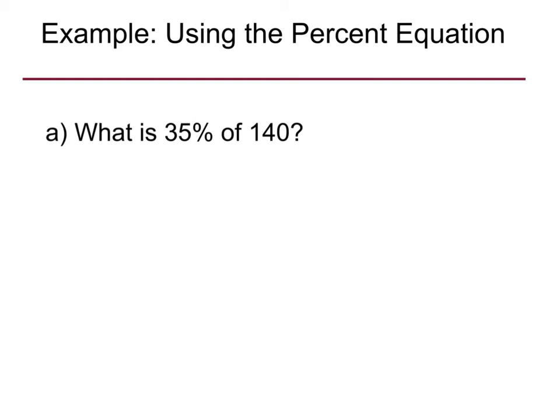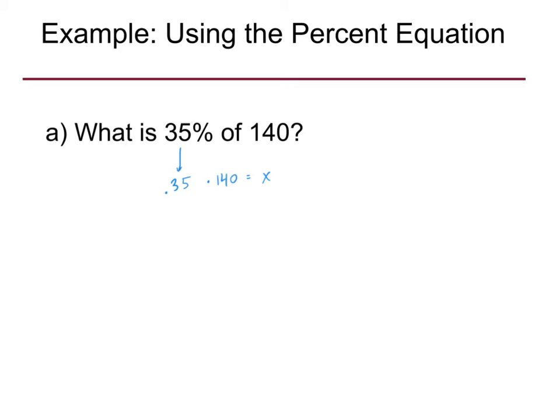So now we get a few examples where we're going to use that percent equation. In this first one, what is 35% of 140? And that right there with the wording, 35% of 140, that is the percent of the total, okay? So my percent, 0.35. When I write that down in this percent equation, I've got to put it in decimal form. Percent times the total equals the amount, the unknown.